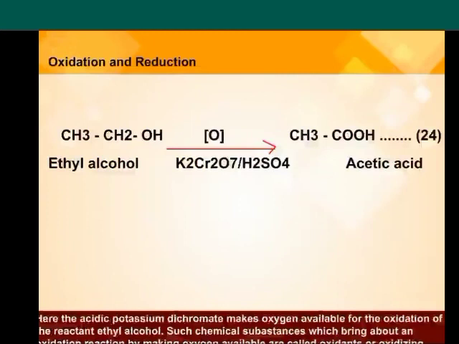Here the acidic potassium dichromate makes oxygen available for the oxidation of the reactant ethyl alcohol. Such chemical substances which bring about an oxidation reaction by making oxygen available are called oxidants or oxidizing agents.